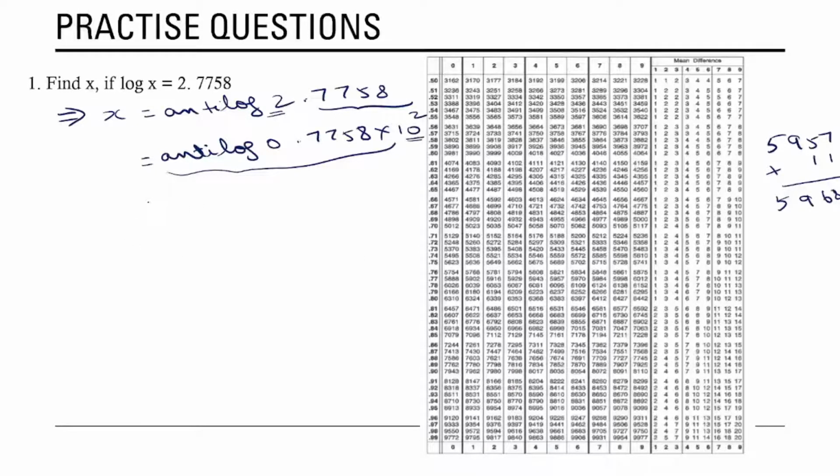The antilog of this is 5.968 into 10 square, which is 100. So 5.968 into 100 is 596.8. So this is x.